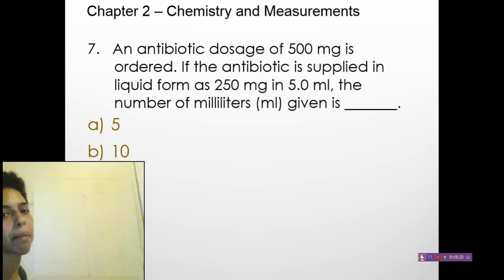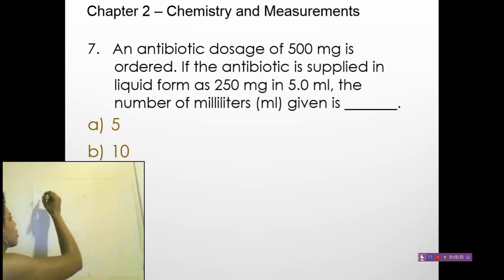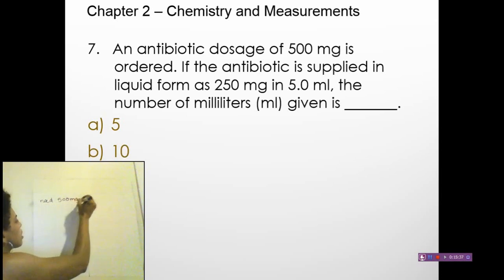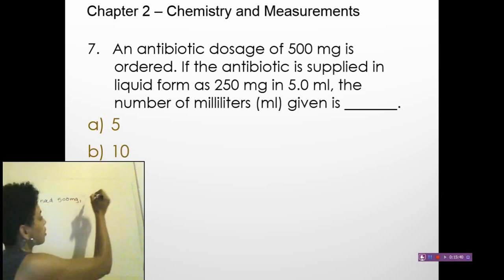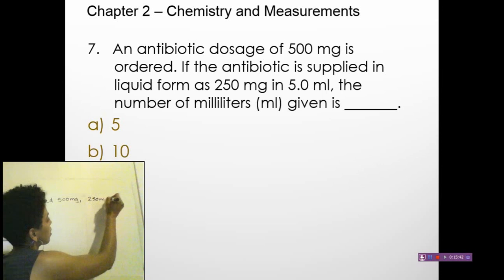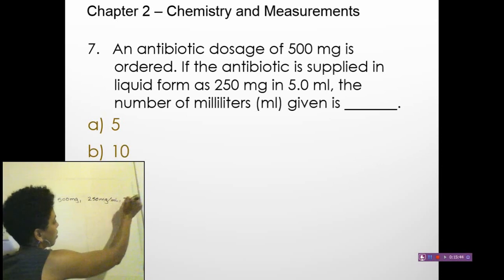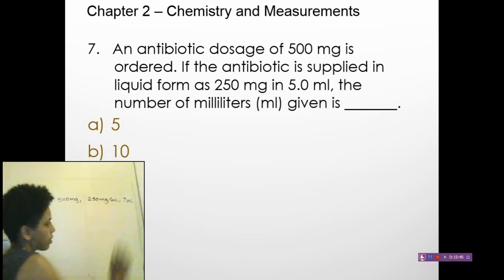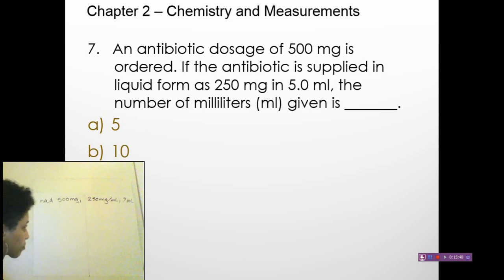All right, an antibiotic dosage of 500 milligrams is ordered. If it's supplied in 250 milligrams in 5 milliliters, how many milliliters do we need to give? So we need 500 milligrams, and we have 250 milligrams per 5 milliliters.